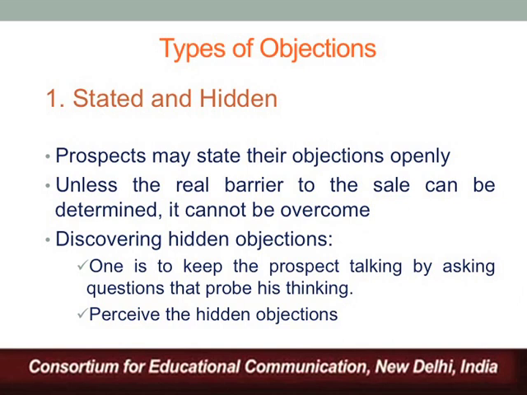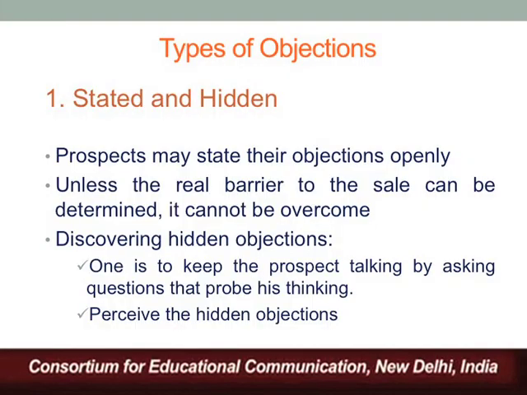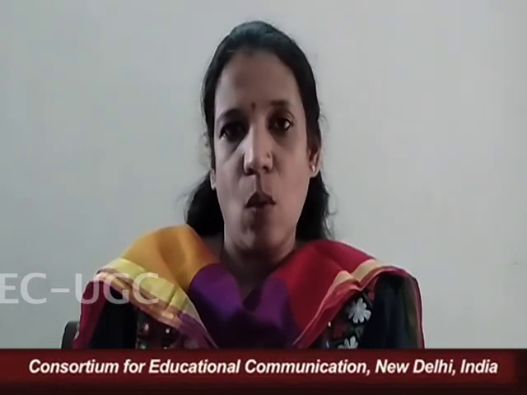Now, trainee salespeople should know that there are two major techniques for discovering hidden objections. The first way is to keep the prospects talking by asking probing questions. When you ask questions that probe their thinking process, you as a salesman also get some idea as to what is probably holding the prospect back from placing the order.